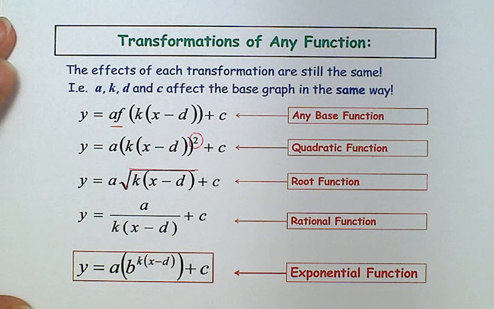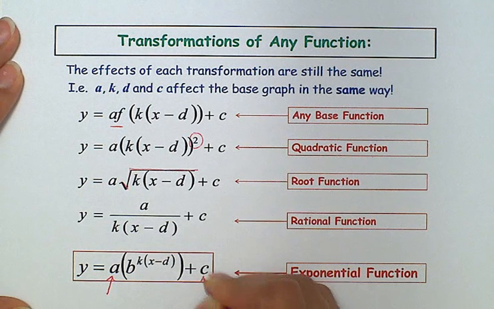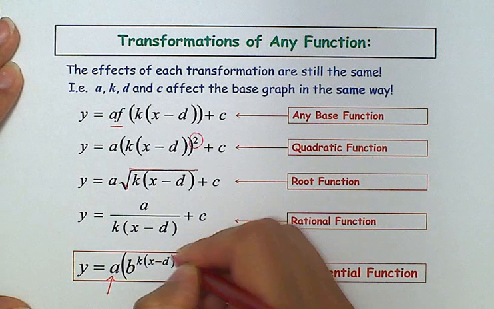And you'll notice that the exponential function is a little bit different. The location of a and c are away from the exponent where the x is. Okay? That's how I know that these two are your vertical transformations. So a vertical stretch or compression or reflection for A, and a vertical shift up or down for C. Okay? Look at where K and D are located.